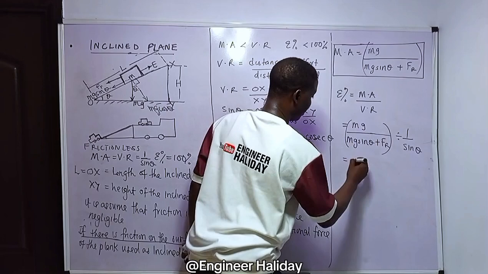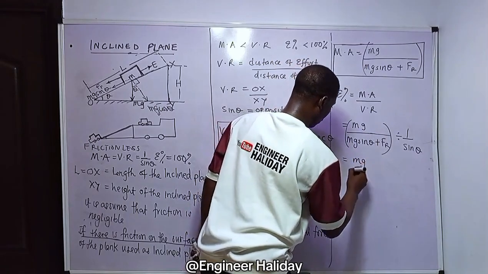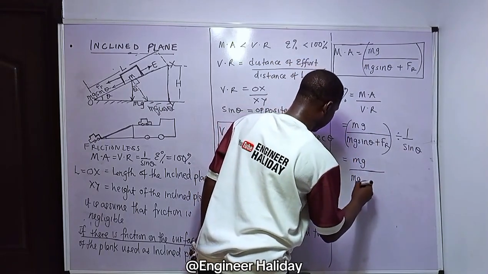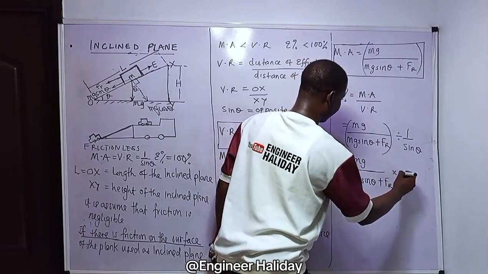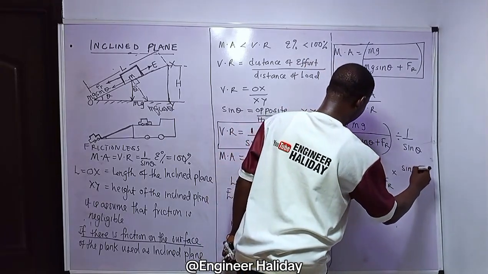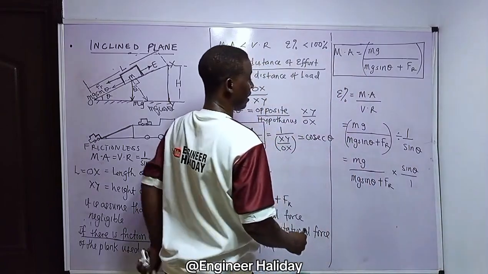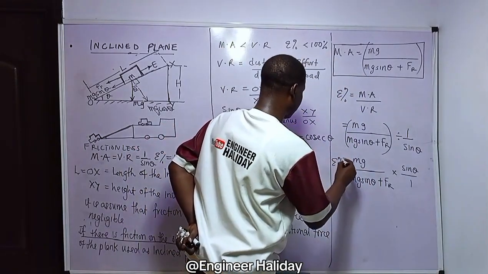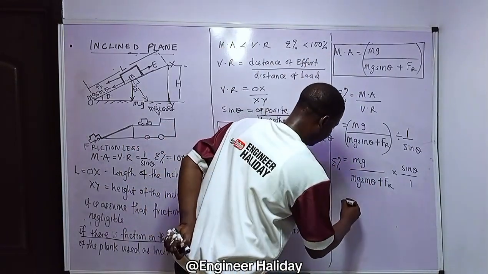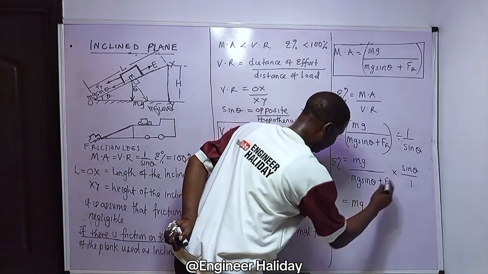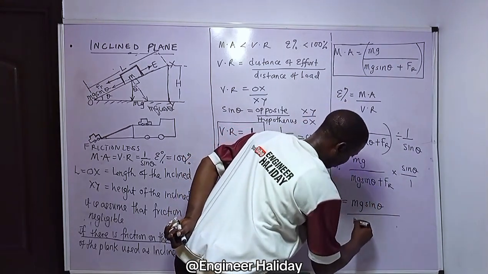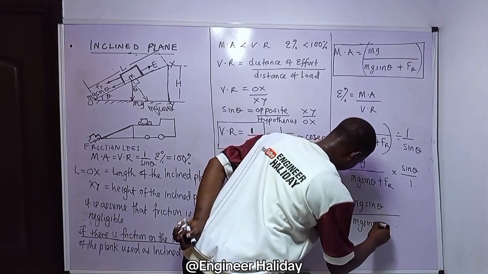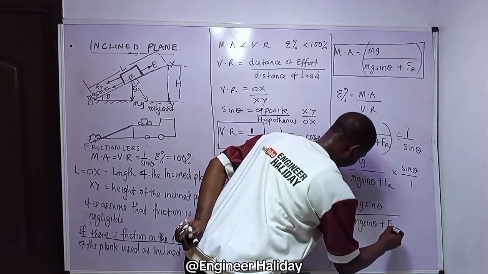We now have mg over mg sin theta plus Fr times sin theta over 1. Now, having gotten that, let's break it down. It will now be mg times sin theta, which is mg sin theta, all over mg sin theta plus Fr.